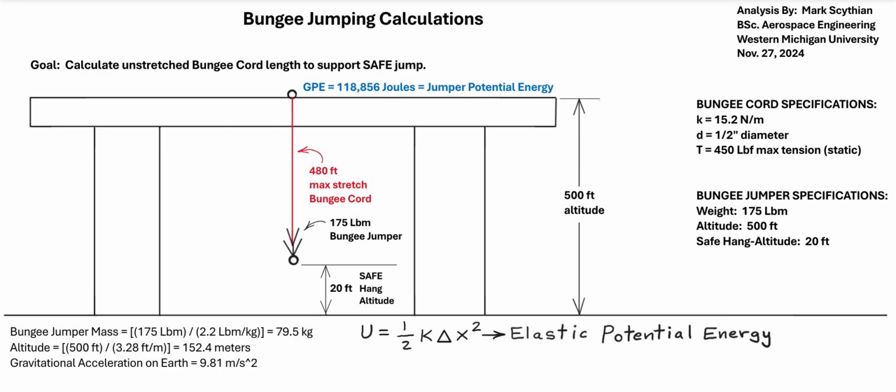So we focus on the elastic potential energy equation. Again, U, elastic potential energy, is equal to 1/2 times the bungee cord's K constant times delta, or change, of the cord stretch, X, that quantity squared.